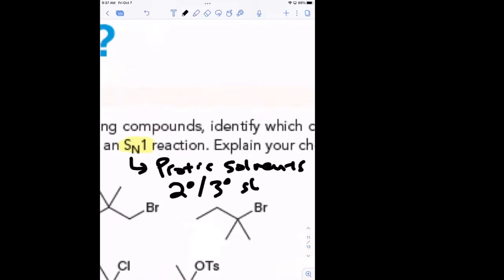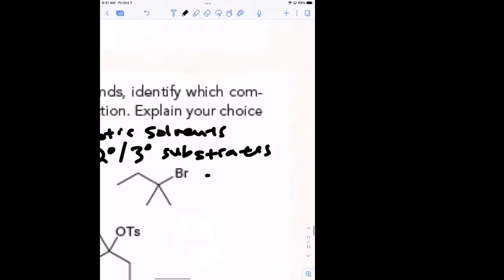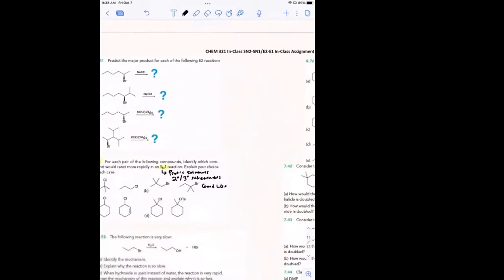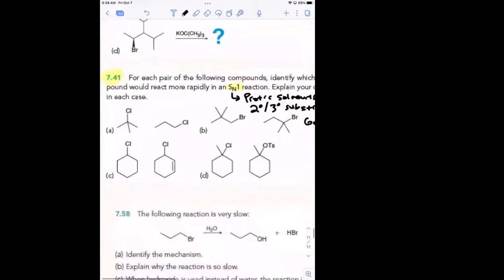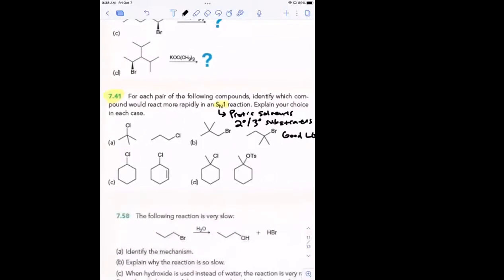Good. And good leaving groups. Those are the things that favor SN1, right? If it's a secondary substrate and a protic solvent, it's SN1. If it's a secondary substrate and an aprotic solvent, it's SN2. But all of these are said to be SN1. So let's go through them and see which one is faster.